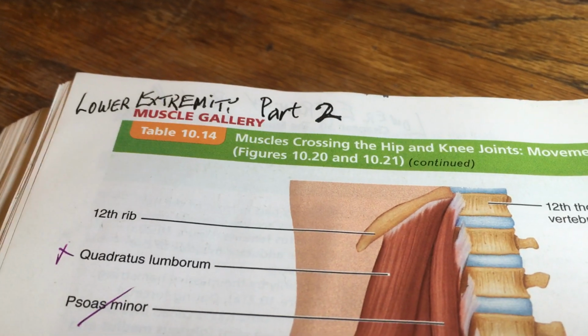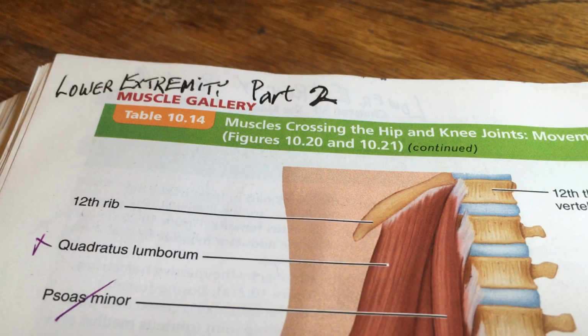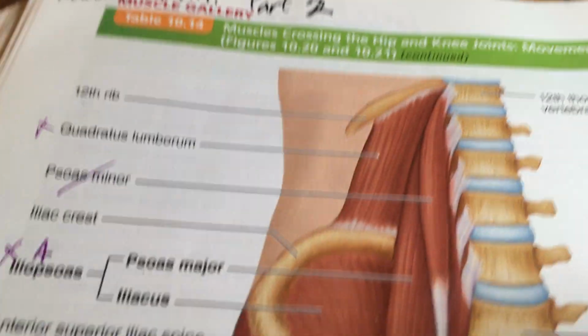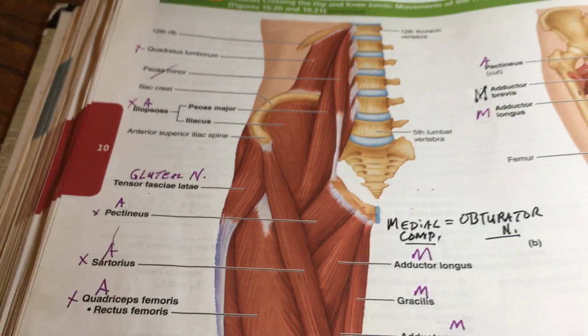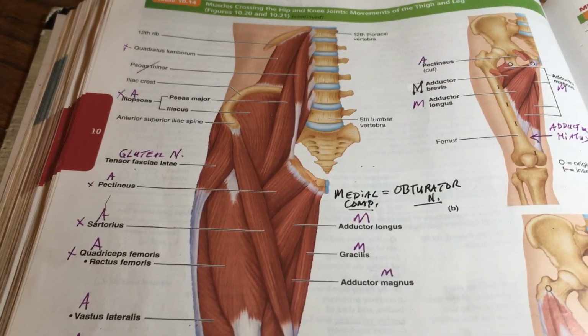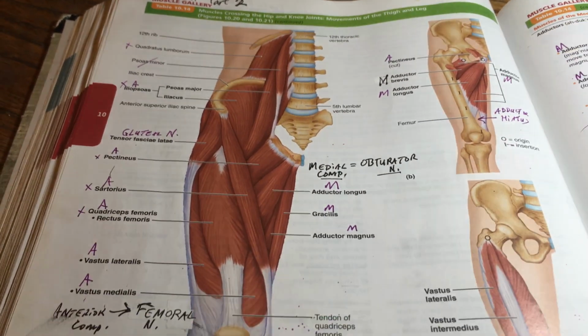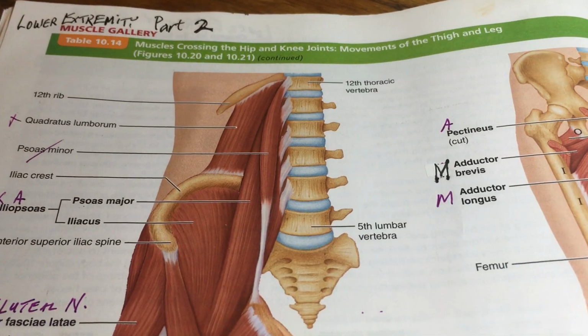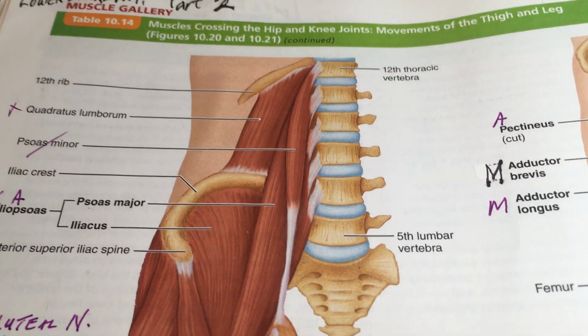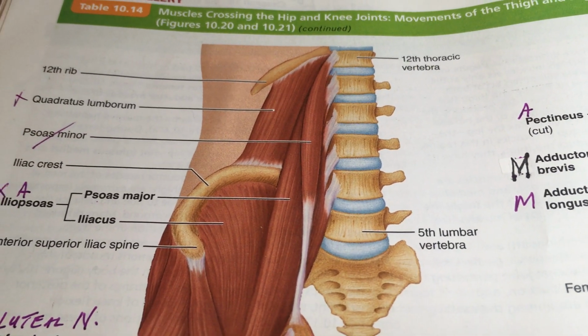It's part 2 of the lower extremity in the muscle world here of chapter number 10. And we're looking at the anterior view here of the lower extremity, beginning just slightly above the pelvis with some of these muscles.